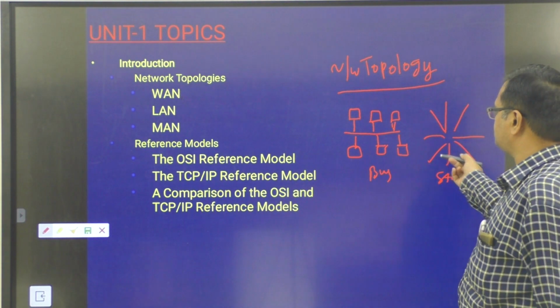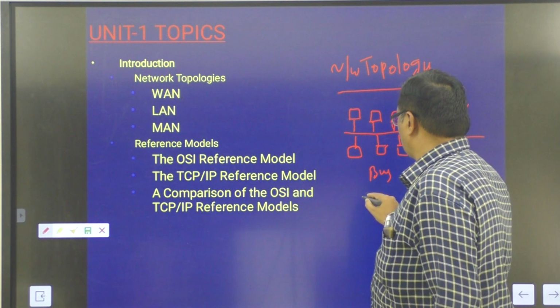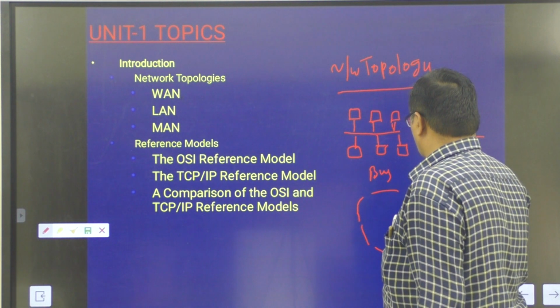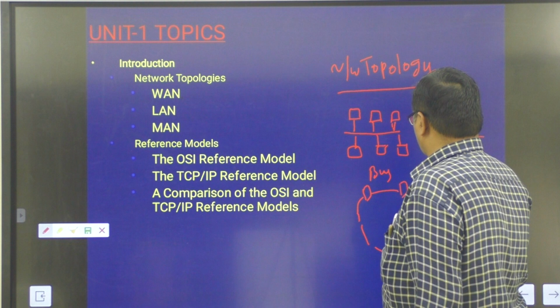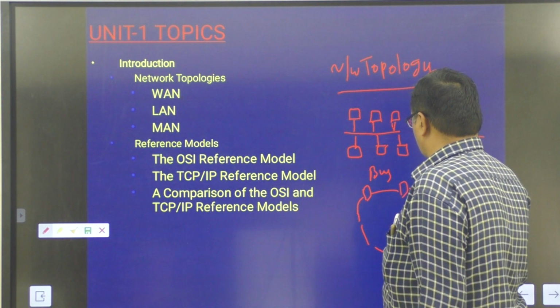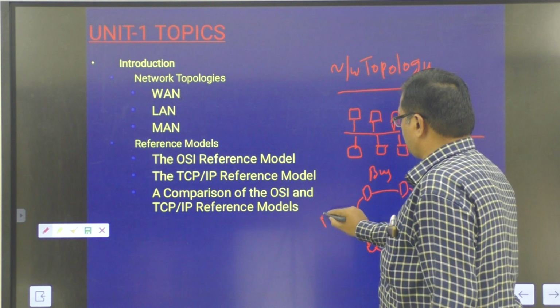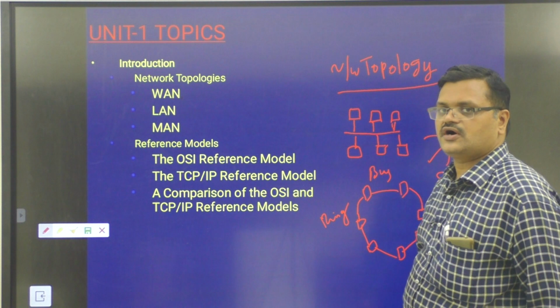Either it could be a bus or a star or a ring. Okay, bus, star or ring.